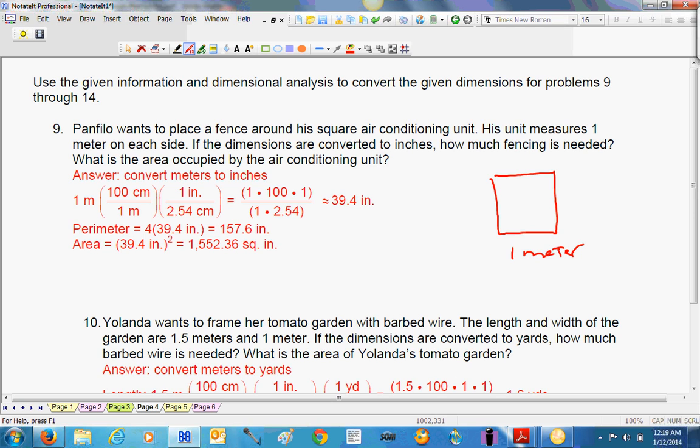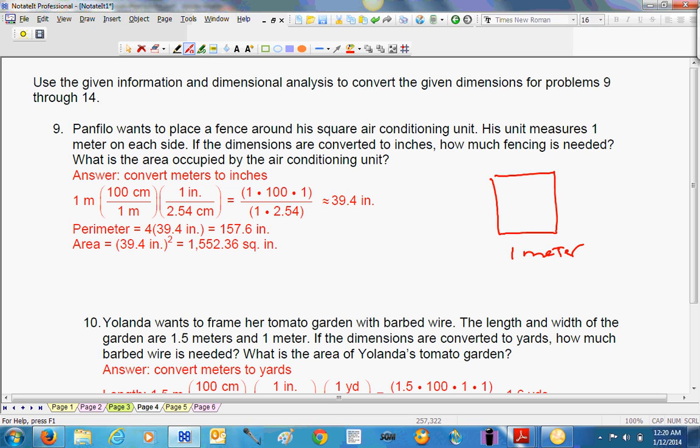So if the dimensions are converted to inches, how much fence is needed? So here, let's see. So we want to convert meters to inches. So we start with 1 meter according to your information, 1 meter is 100 centimeters.